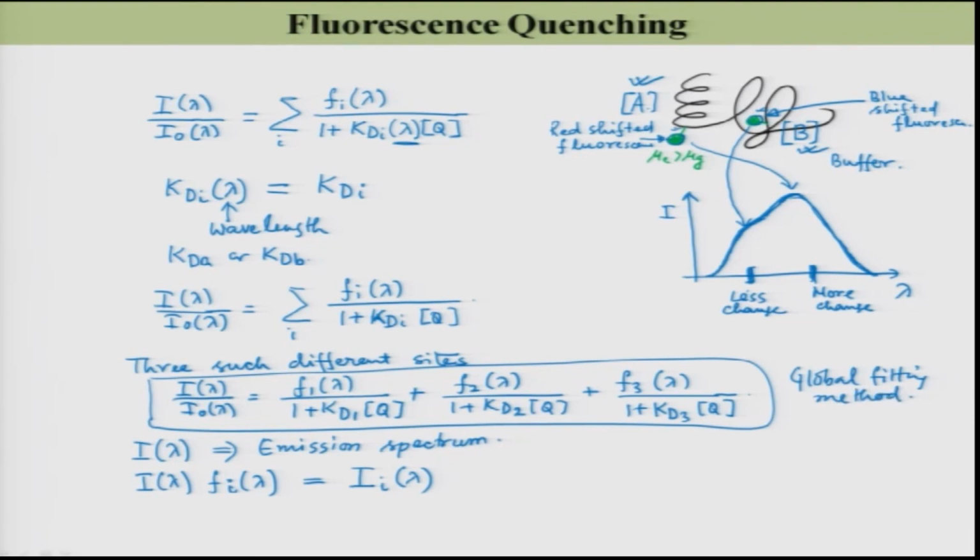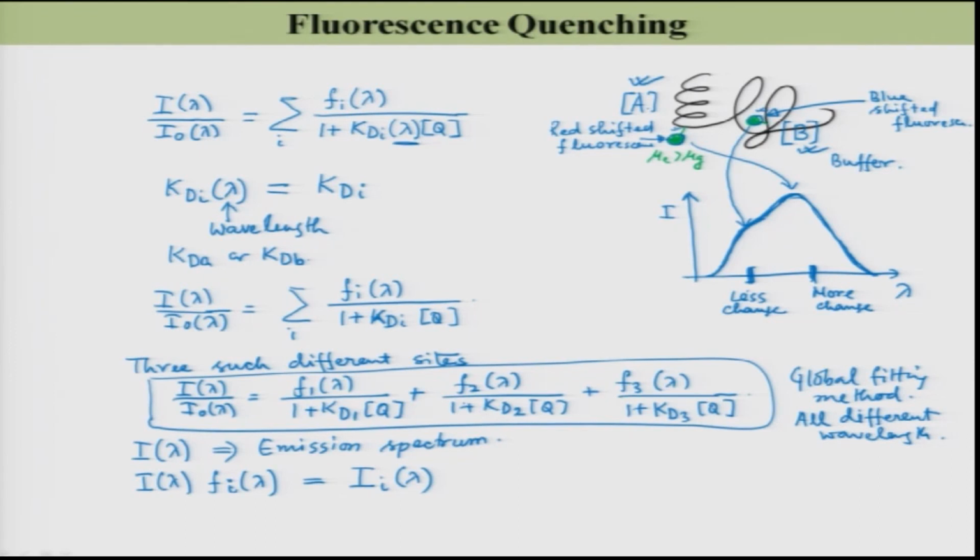Global fitting means that the same equation will be applied for all different wavelengths. Note it down. These contributions f 1, f 2, f 3 are wavelength dependent, I by I0 is wavelength dependent, but k d 1, k d 2 or k d 3 are not wavelength dependent.